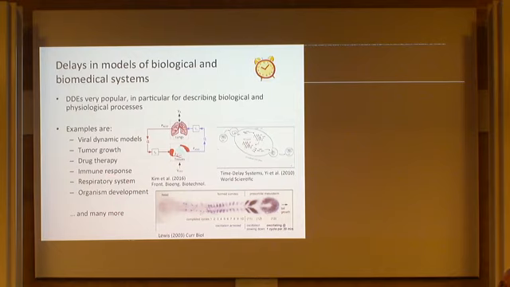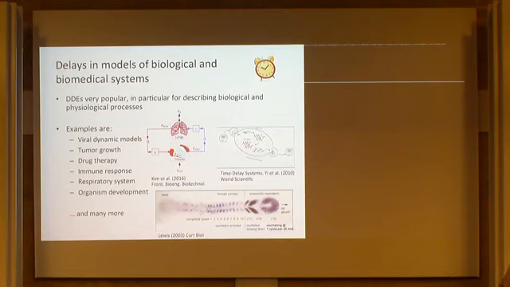Respiratory systems, here we see a recent model from 2016. Obviously there is a delay involved in the transport of oxygen to the tissue and of CO2. And then lastly, organism development.